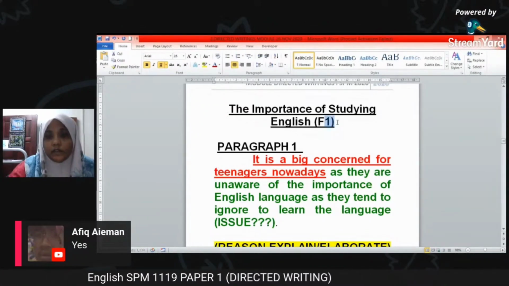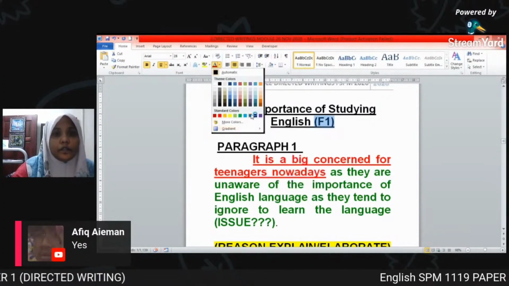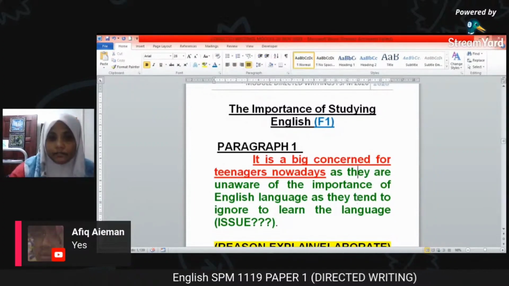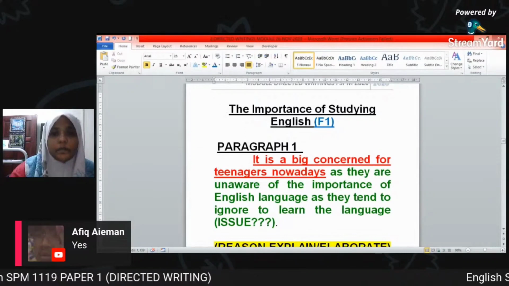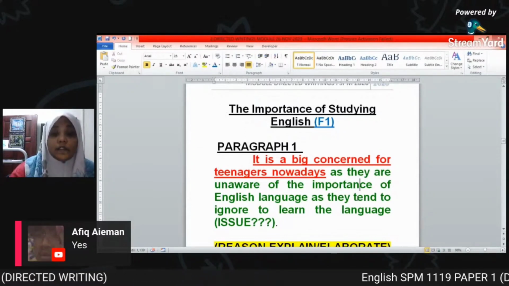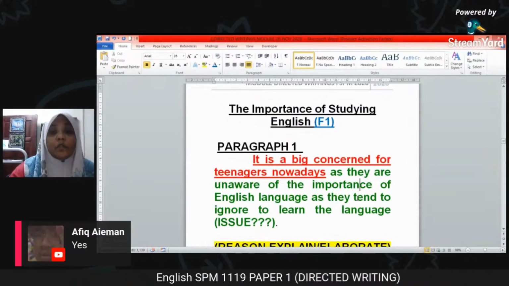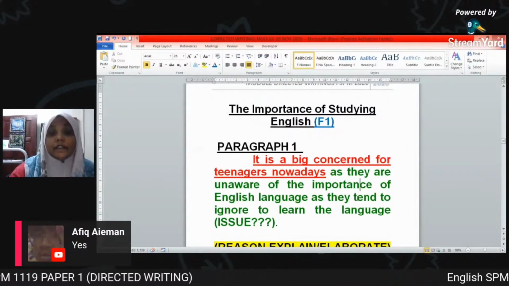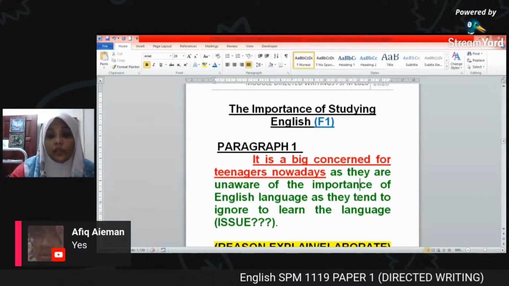Let me just highlight it in blue. Let us start the paragraph. Paragraph 1: It is a big concern for teenagers nowadays as they are unaware of the importance of the English language as they tend to ignore learning the language.